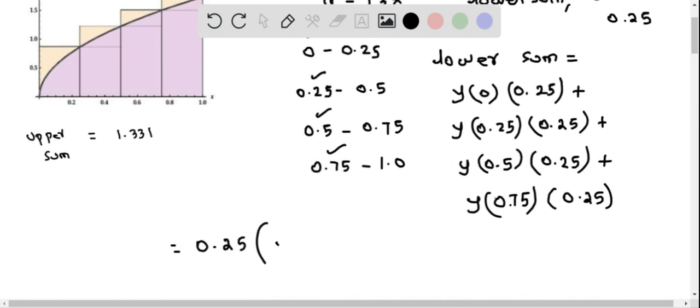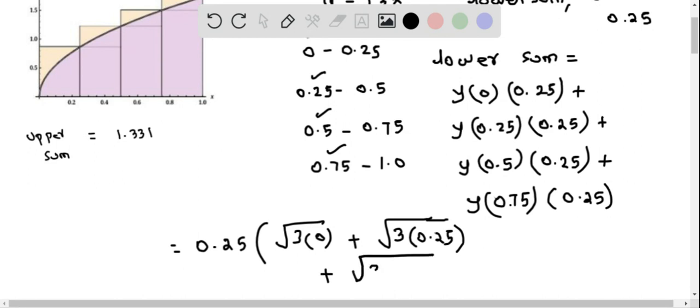into the equation for y. So it will be the square root of 3 times 0, plus the next one is y of 0.25. So it will be the square root of 3 times 0.25, and next one will be the square root of 3 times 0.5, and for the fourth rectangle it is the square root of 3 times 0.75.